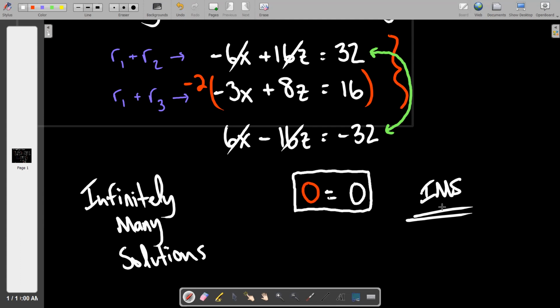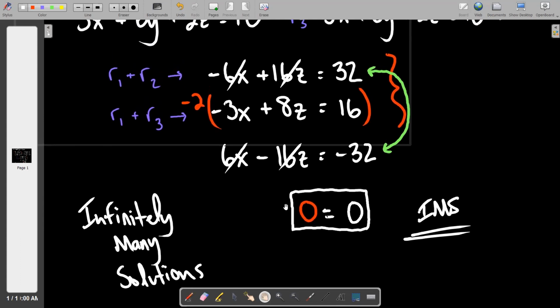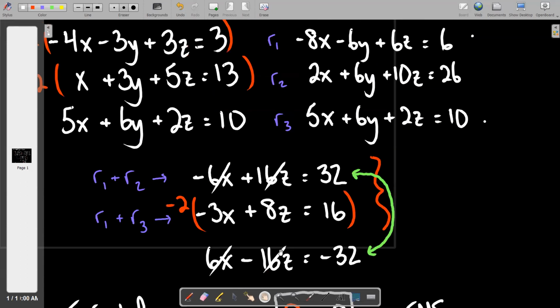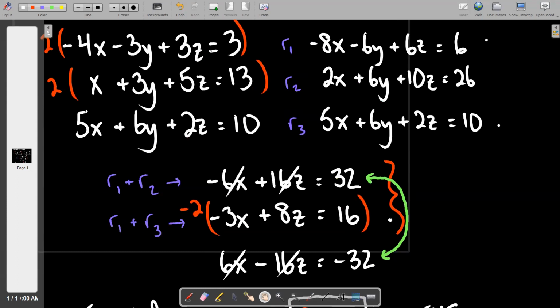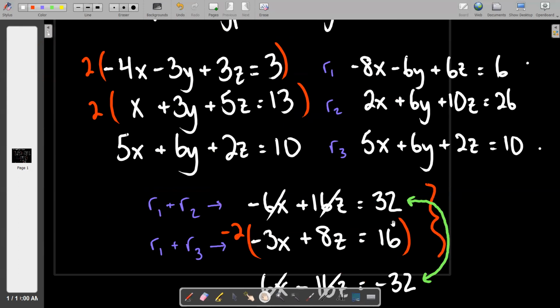Now, I want you to know that what just happened would have happened no matter which variable you had picked. I debated whether to show you this, and I've made my mind up that I don't think I want to, but I'm just going to tell you. You can take my word or you can go try this later. Let's say that at the very beginning, way up in the upper left corner of the screen, we hadn't decided to kill the y's.